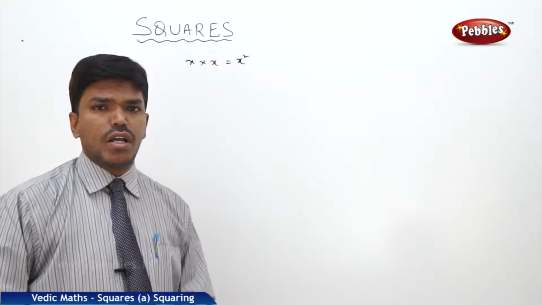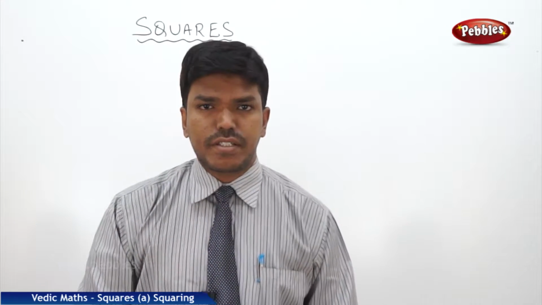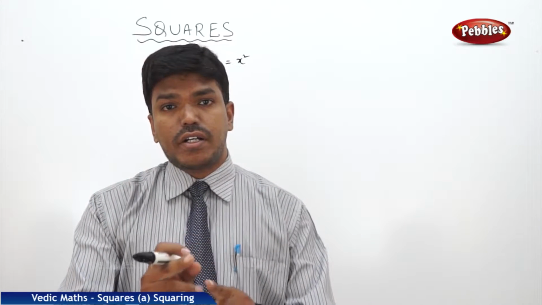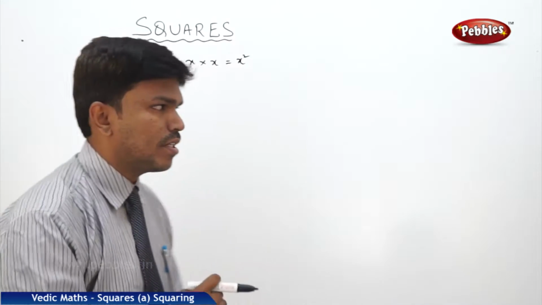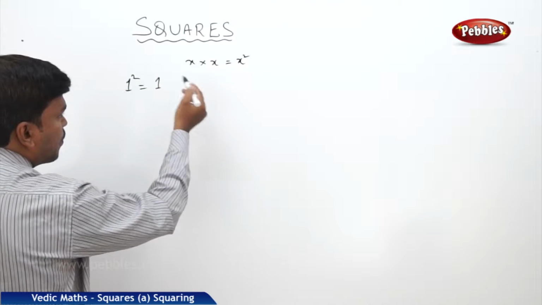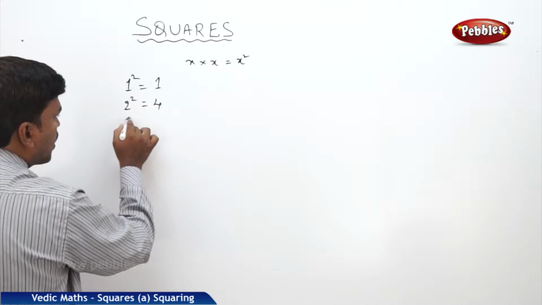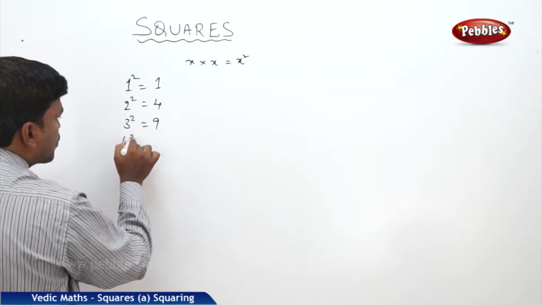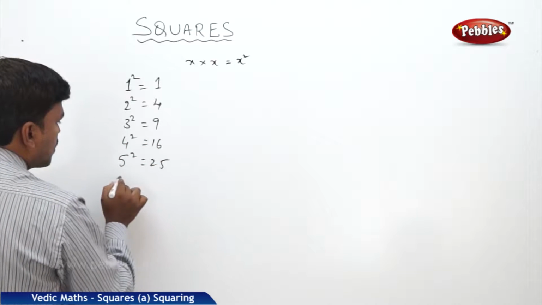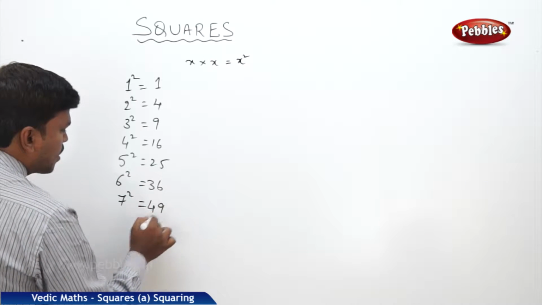Now, the people who know tables until 10 will obviously know the 10 squares. Yes or no? Why? Because 1 square is 1 into 1, 1. 2 square, 2 into 2, 4. 3 square 9, 4 square 16, 5 square 25, 6 square 36, 7 square 49.